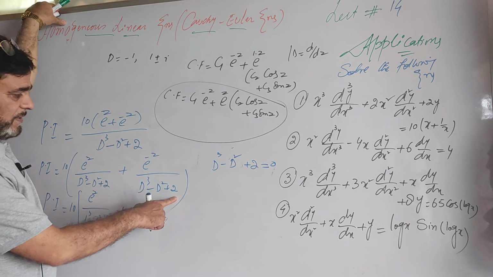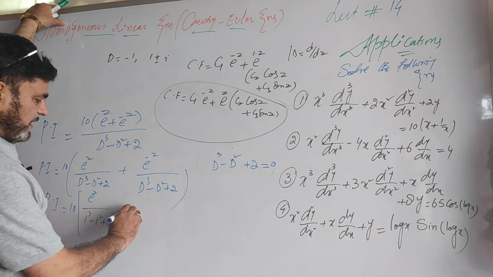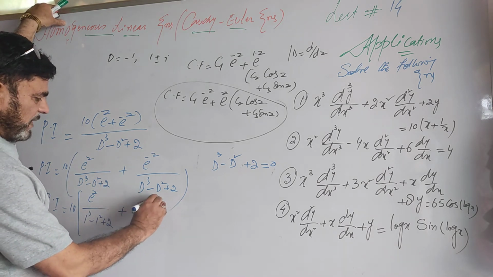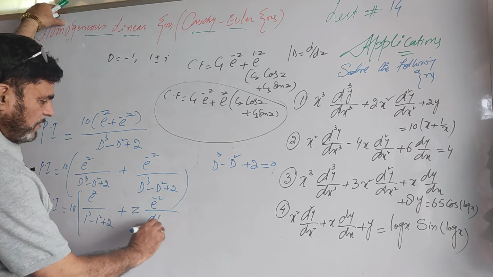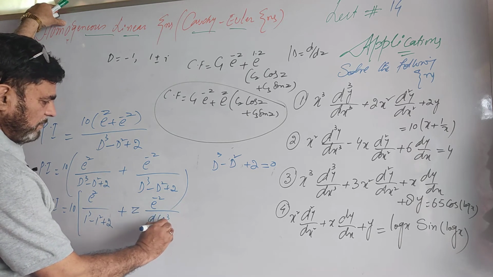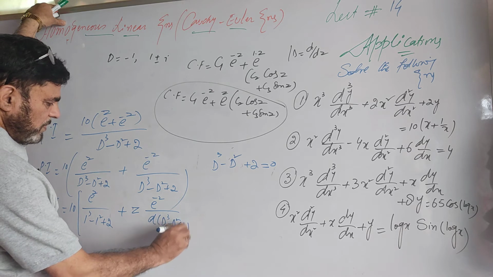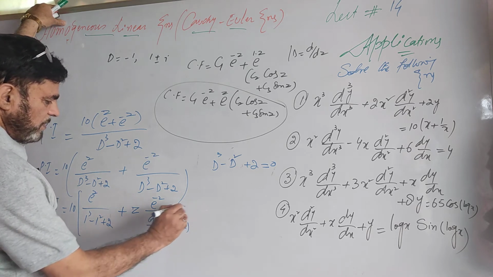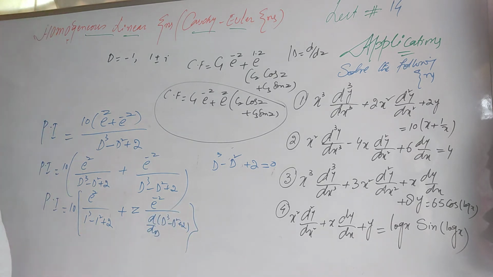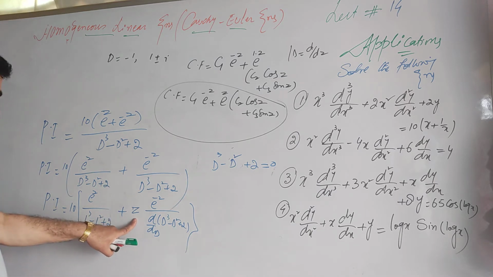It is undefined here. So what we do is we write z out, e raised to power minus z, differential of D cube minus D square plus 2 with respect to D. Do you remember this? This is the previous method: in the failure case, when e raised to power ax by f of D fails, then we differentiate the denominator with respect to D and take z out.